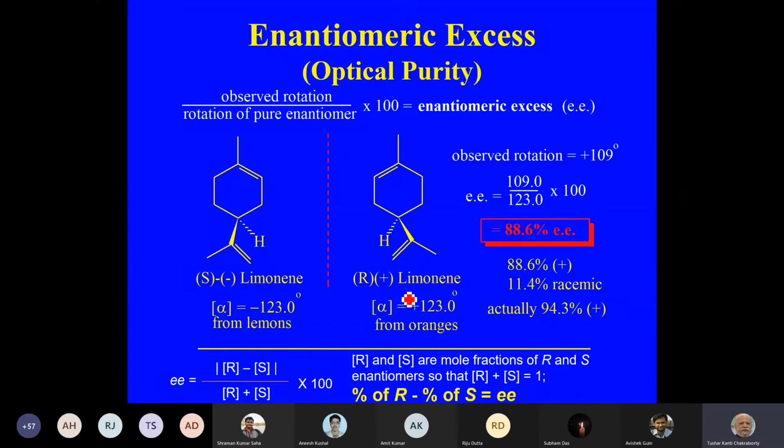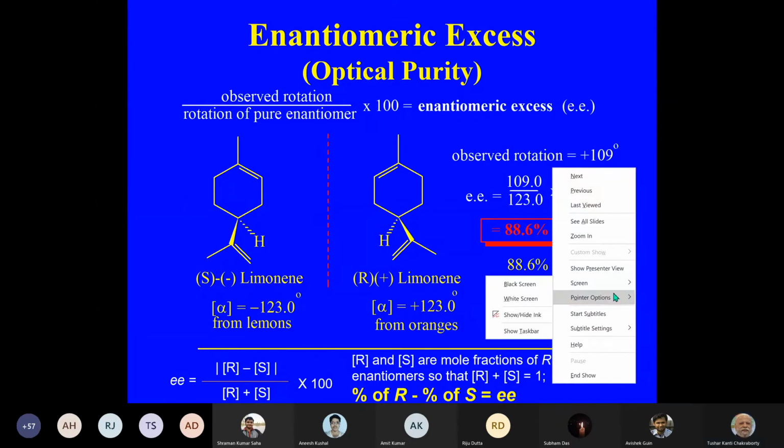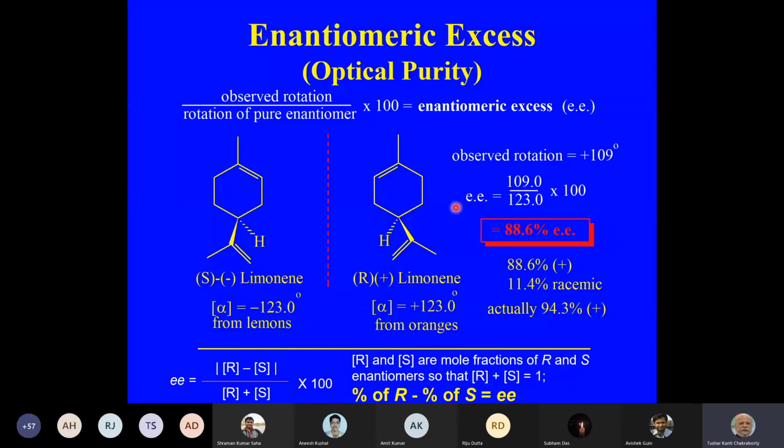Okay, and then we'll also use one terminology to show how much enantiomerically pure the substrate is. So we use a terminology called enantiomeric excess, or we call it EE.